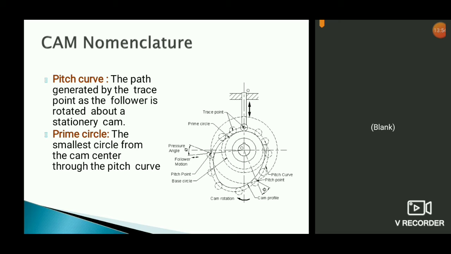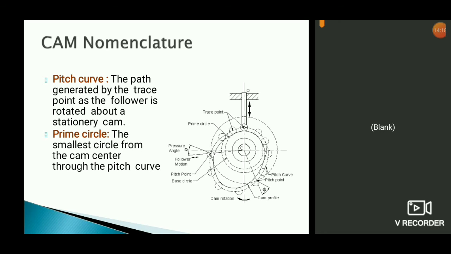Next is pitch curve. What is pitch curve? Pitch curve is the path generated by the trace point. I have explained what a trace point is. So if you join all the trace points, you can get a path. That path is called the pitch curve. If you join all the points, that is not the profile of the cam.